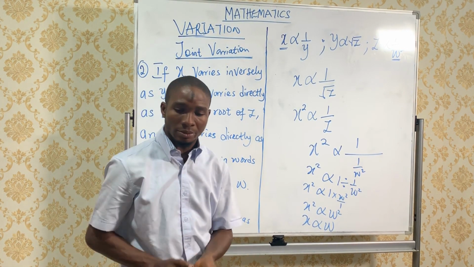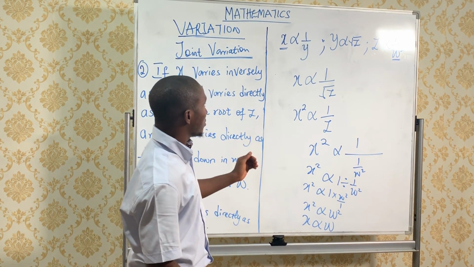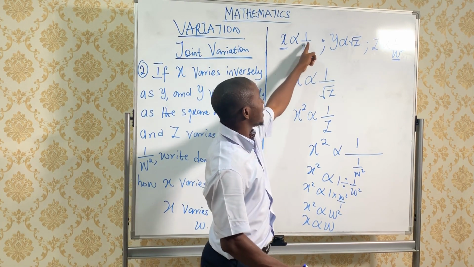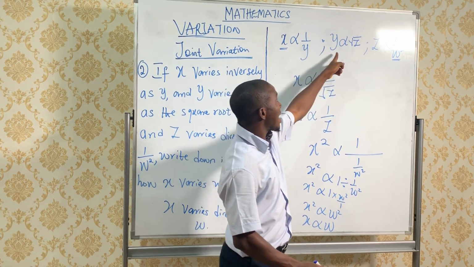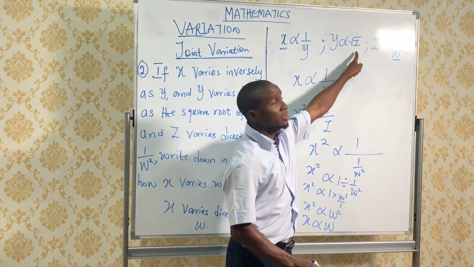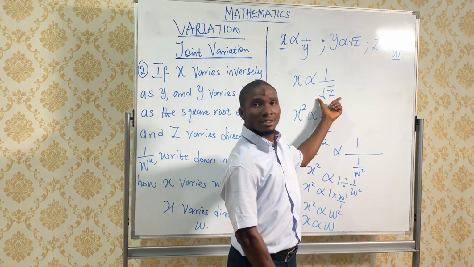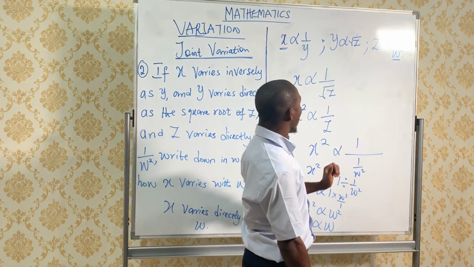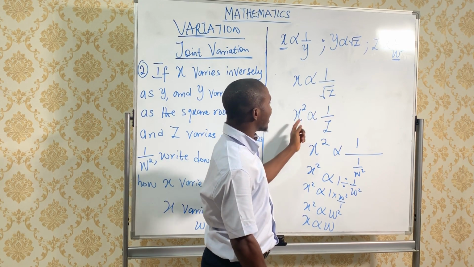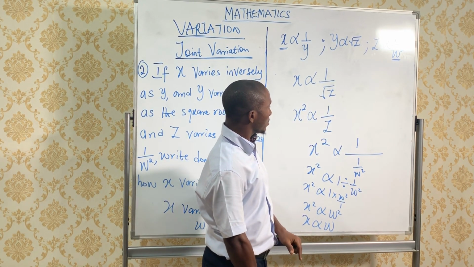In summary now, if you look at this question, we have been told that x varies inversely as y, and y varies directly as the square root of z. It means that x also varies inversely as the root of z. And by eliminating this root, by taking the square of both sides, we have this.